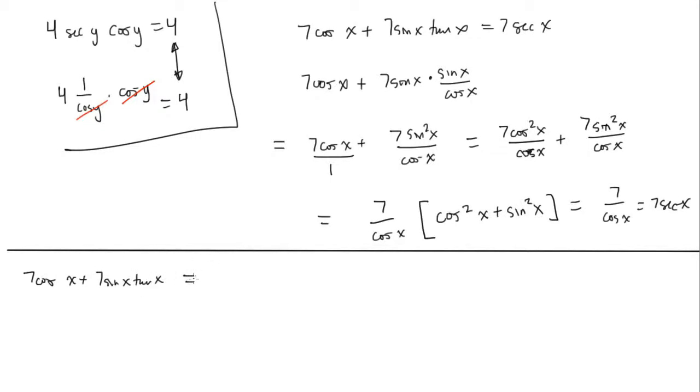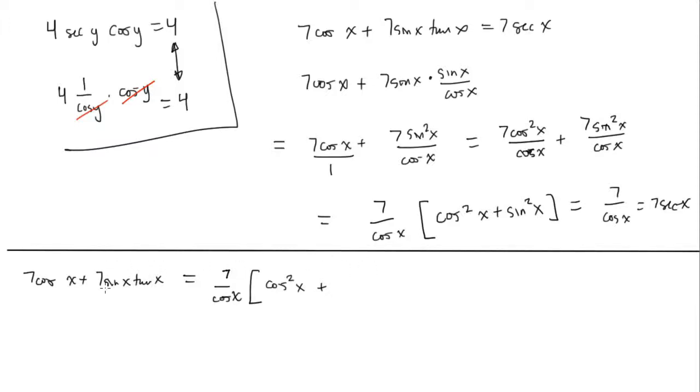And then what they've noticed is that we could, for example, factor a division by cosine out of both of these. And if I do that, and let's also pull the 7 out while we're at it, if I pull a division by cosine out of a cosine, then I get a cosine squared x. And then they have a blank here.